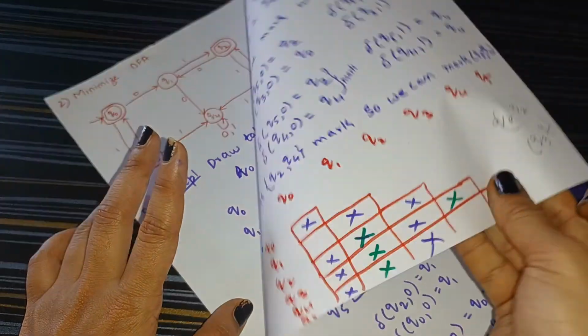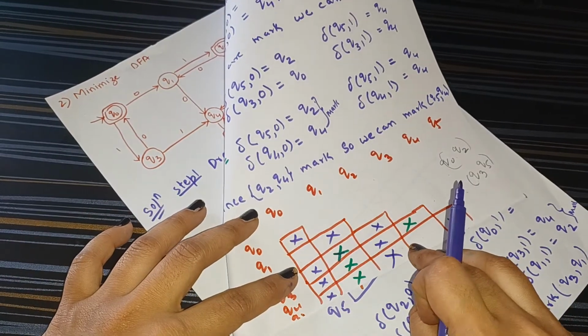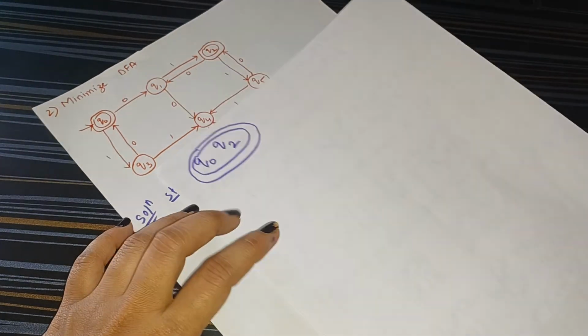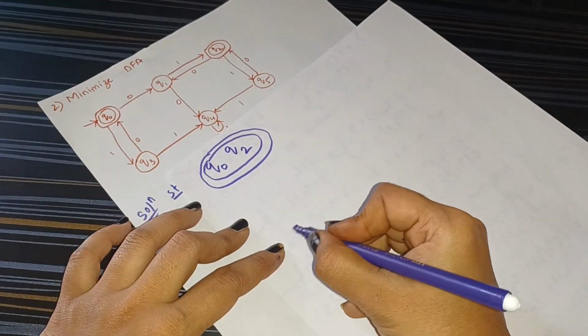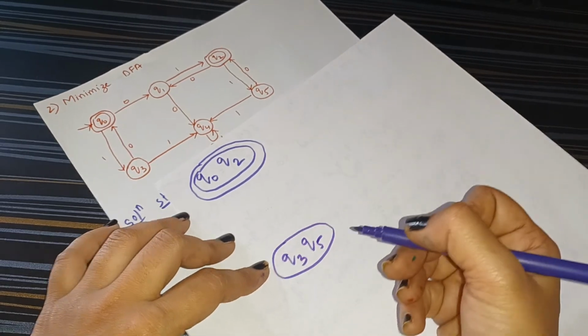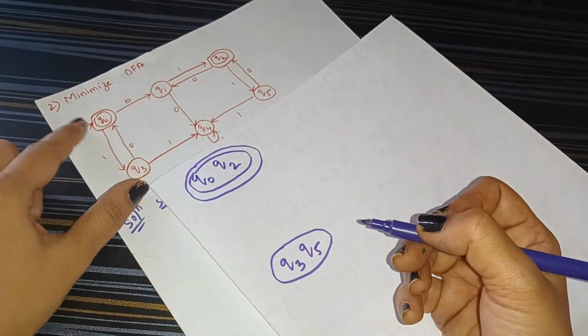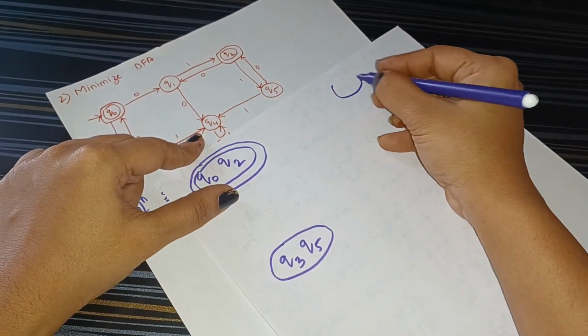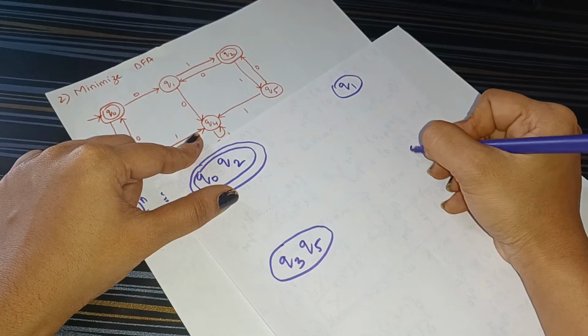From this table we got that Q5, Q3 is also one state. So the remaining states are Q1, Q4.